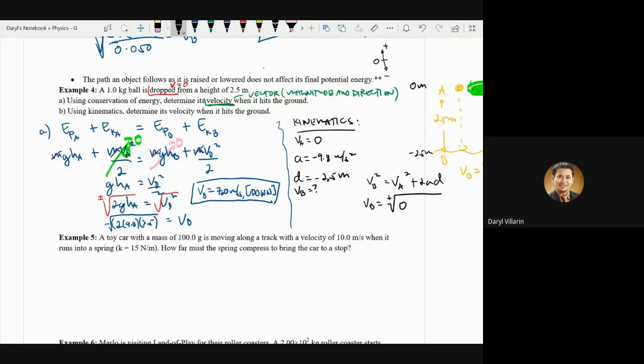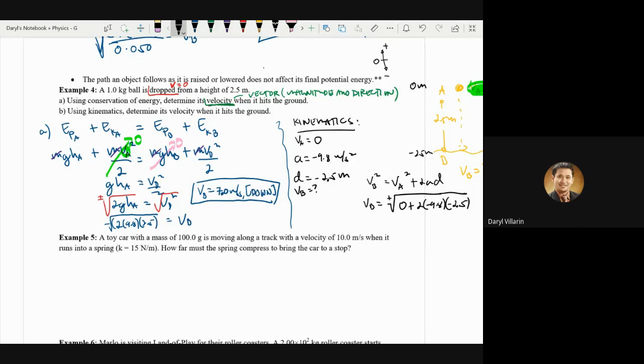That would be 0 plus 2 times negative 9.8 times the displacement in this case, negative 2.5. So if you can see the negative signs there, that's actually just for consistency of the calculation, although it doesn't affect the value. Well, strictly speaking, it can affect it: if you use positive 2.5 here, the square root of a negative is undefined, right?